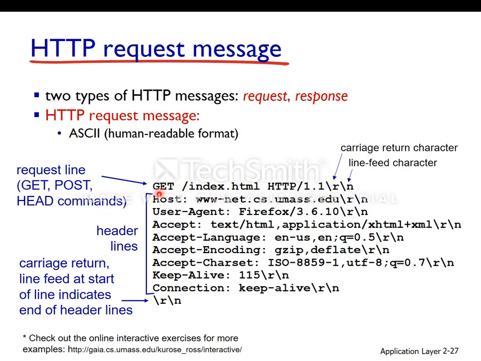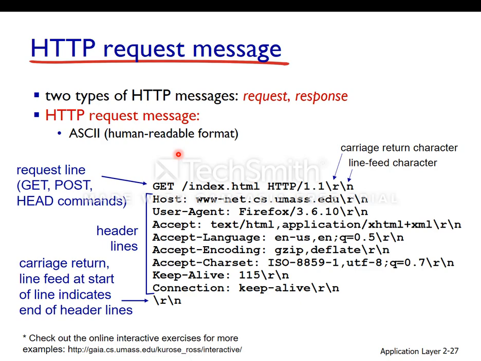Get some object, in this case /index.html, and we're speaking HTTP 1.1, and we terminate every header line by a carriage return line feed, that's the \r\n. So that object is going to be retrieved from this host www.net.cs.umass.edu \r\n.